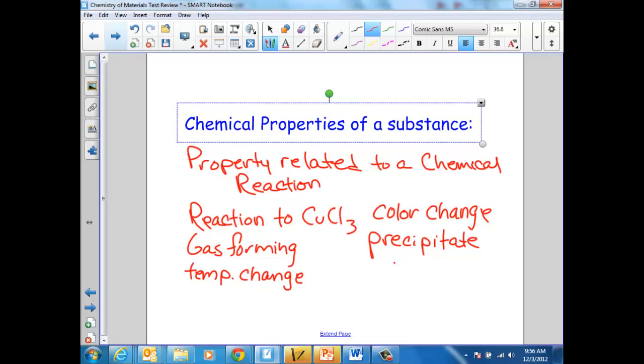Reagan? Bubbling or fizzing. Okay. Corrosion. All right, I think we've got a good list. Questions about chemical properties of a substance?